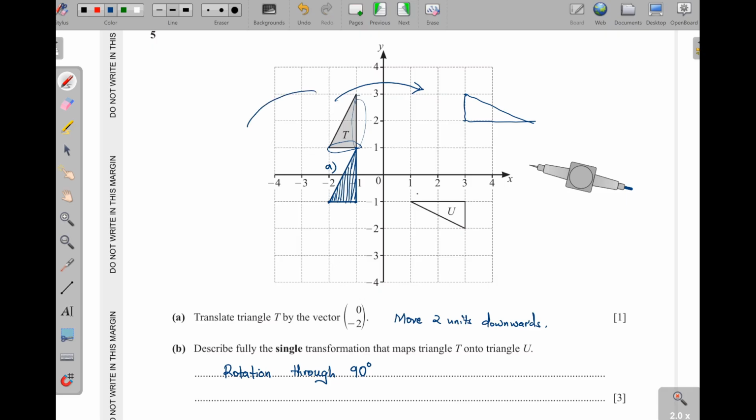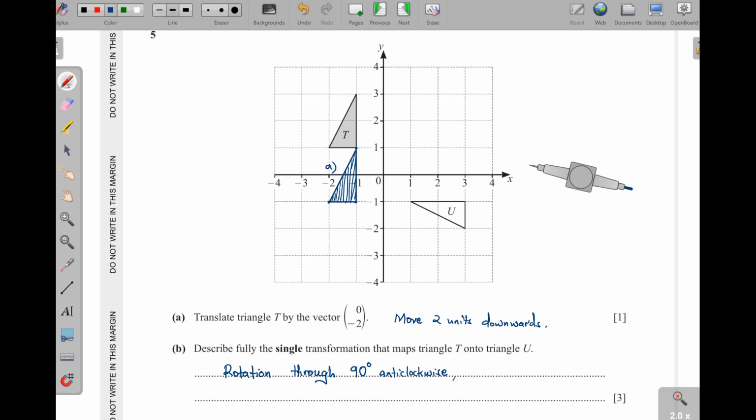How about if we go anti-clockwise? If we go anti-clockwise, this one here will be standing. Then this one here now will fall to this other side, and then this one like that. Don't you see that it resembles this one here? So it is anti-clockwise. So I will say this is rotation through 90 degrees, anti-clockwise.